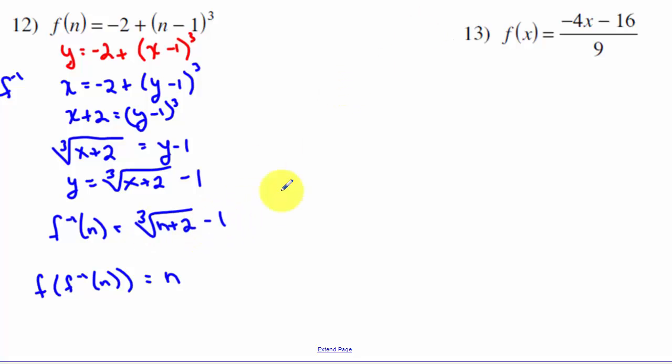And let's do one final one here. So we're going to make this be y. And now we're going to swap. I'm going to change colors here. You don't have to change colors, but we just need to know once we change the color, this is f of x, and this is now f inverse of x.